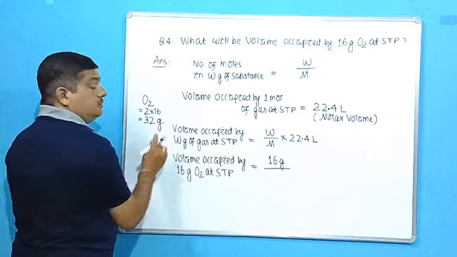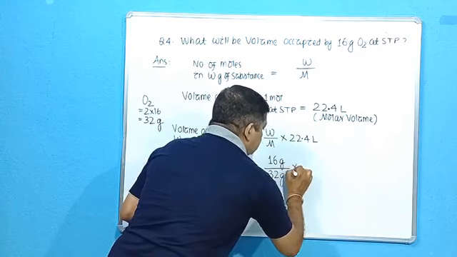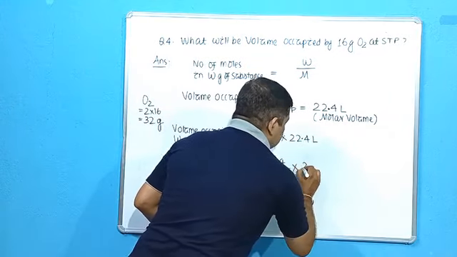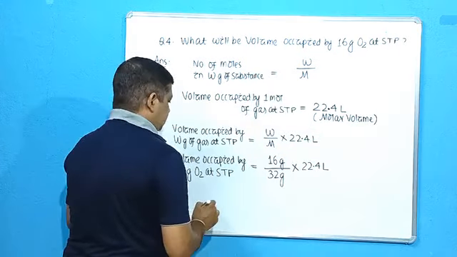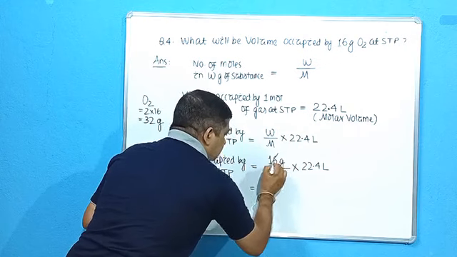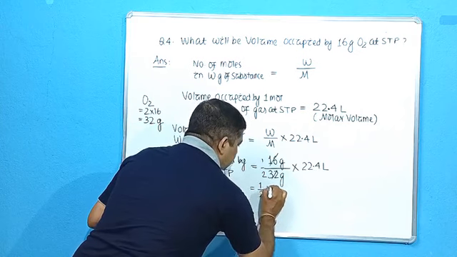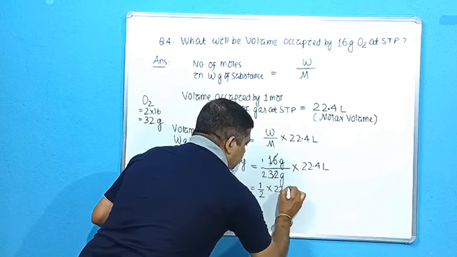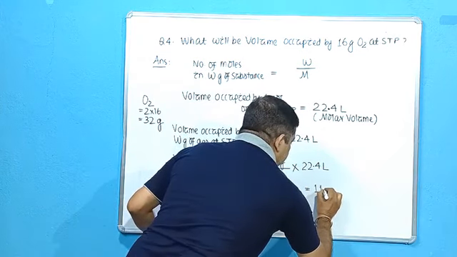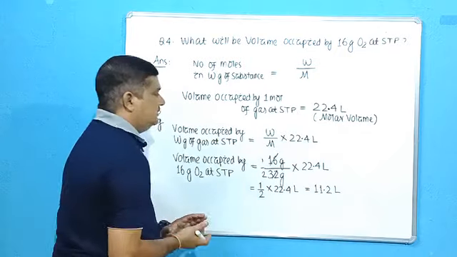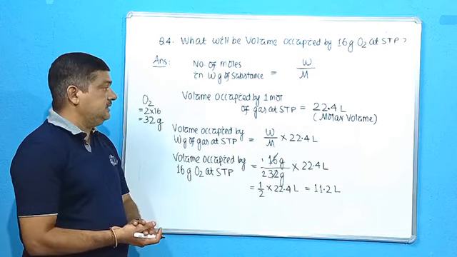So the molar mass of oxygen is 32 gram, into molar volume 22.4 liter. Now see, 16 by 32 becomes 1 by 2. So 1 by 2 into 22.4 liter becomes 11.2 liter. So this is the volume occupied by 16 gram oxygen at STP.